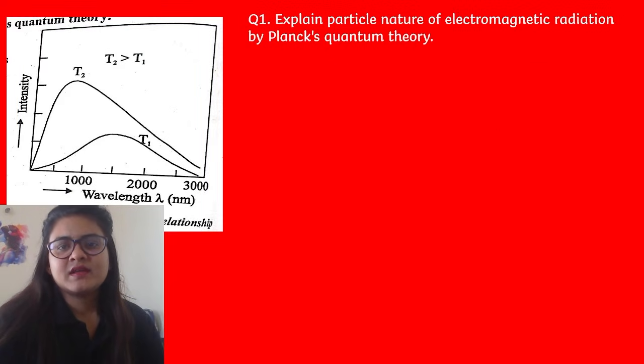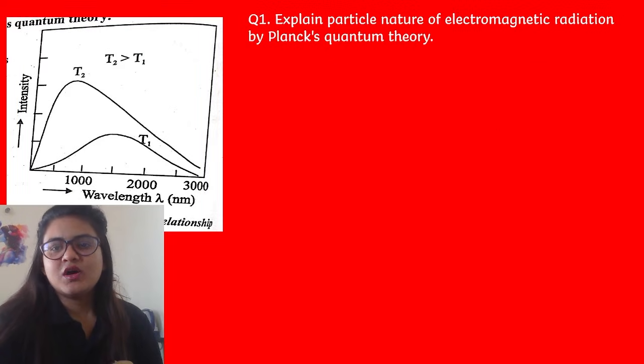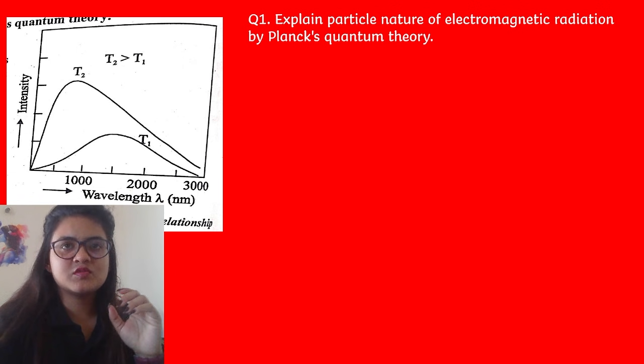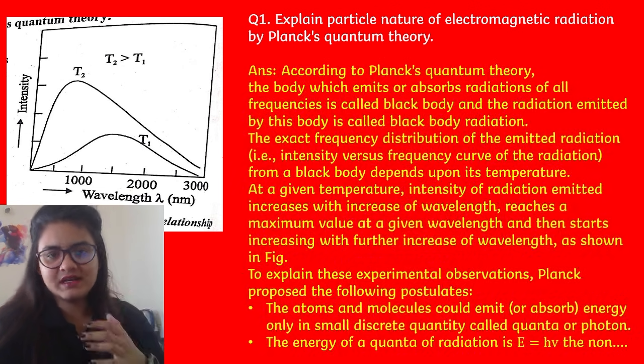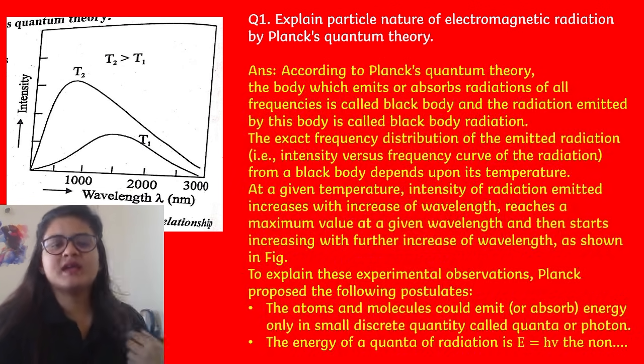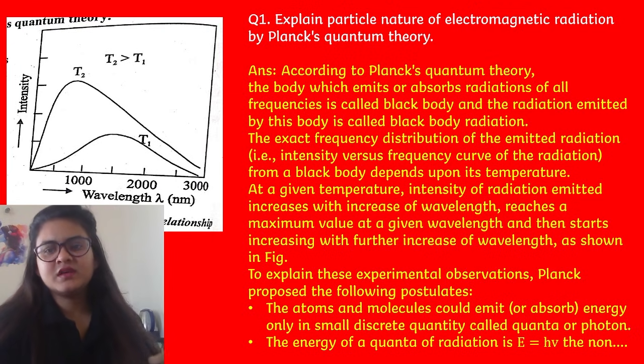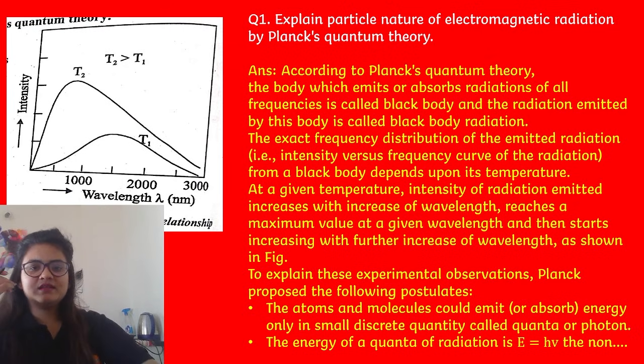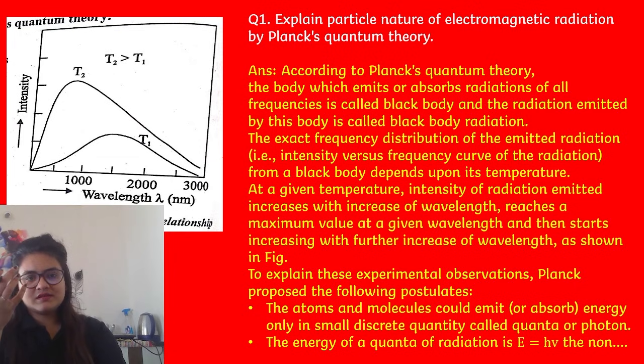Next, you can see: explain the particle nature of electromagnetic radiation by Planck's quantum theory. So here comes the entire explanation about Planck's quantum theory. In accordance with Planck's quantum theory, the body that emits and radiates all types of radiation is called a black body radiator. This particular property is shown by the particle nature of the substance only.